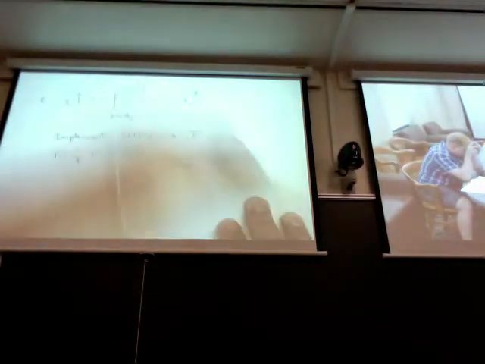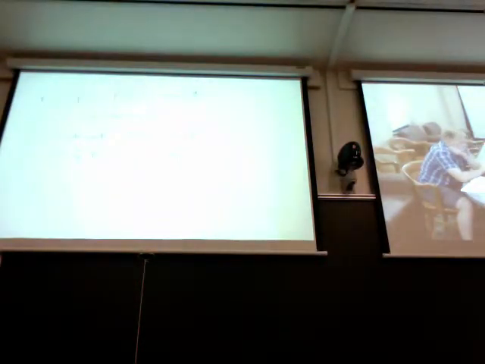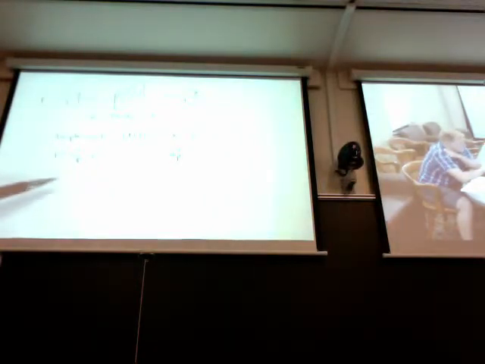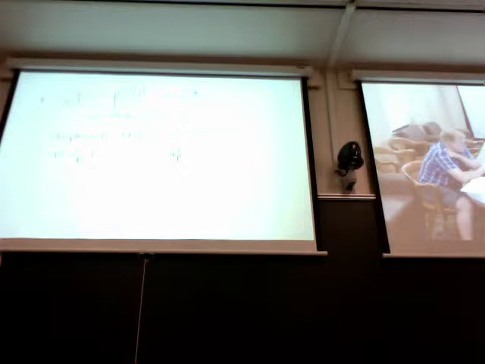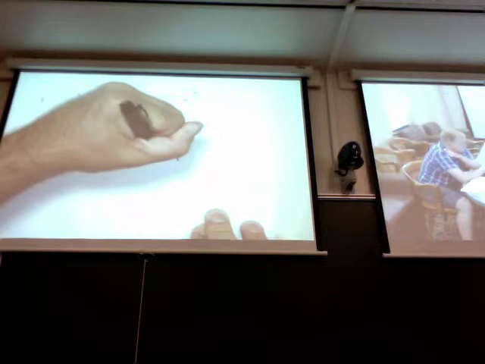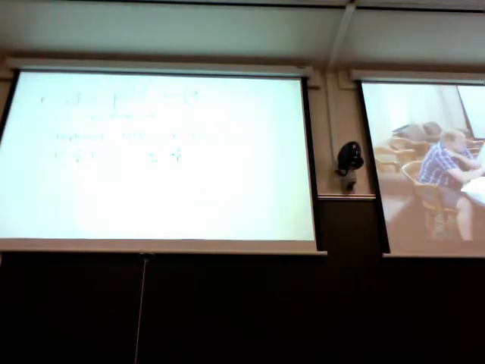So we would expect this operator to change the sign of its momentum argument, but the spin will remain the same. Before the parity transformation, it annihilates a particle with momentum p and spin s. After the parity transformation, it annihilates a particle with momentum minus p and spin s. This is up to some constant phase, which I'll call eta sub a, because we have the freedom of this phase.